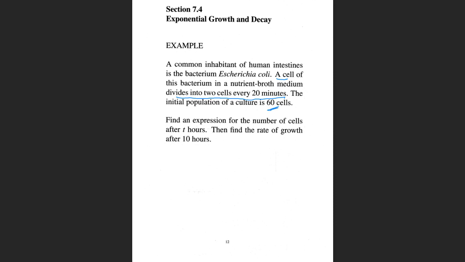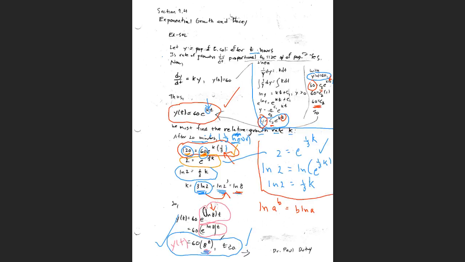So after 1/3 of an hour, 60 cells would become 120 cells, right? Because every cell divides into 2 after 1/3 of an hour. So 60 cells would become 120 cells. And so, does that make sense? Yeah. All right, very good.